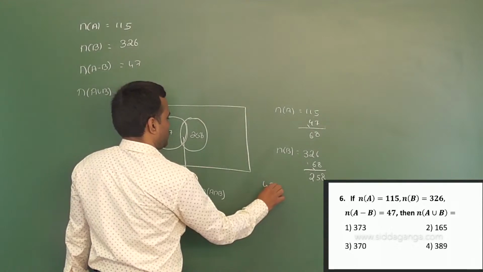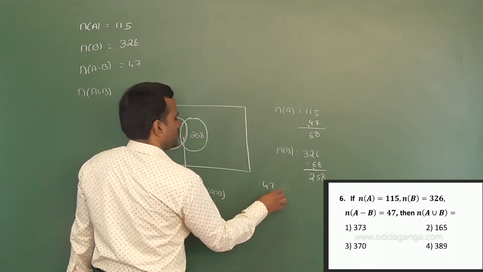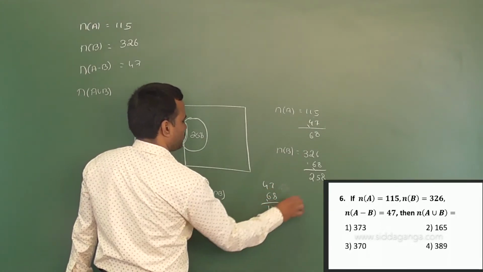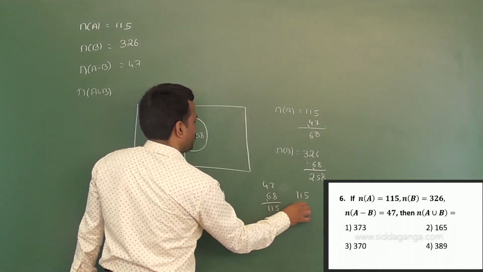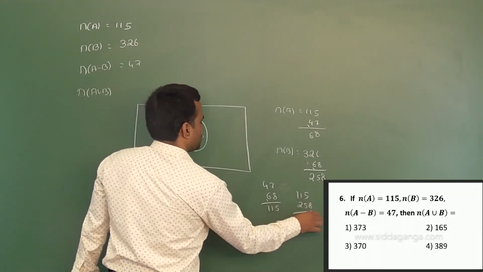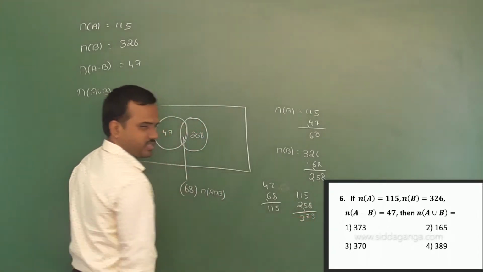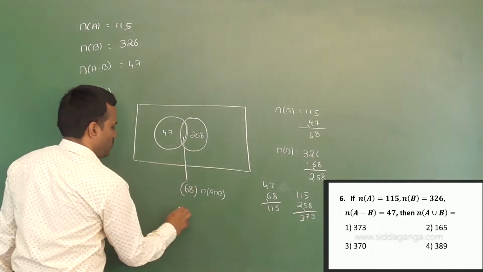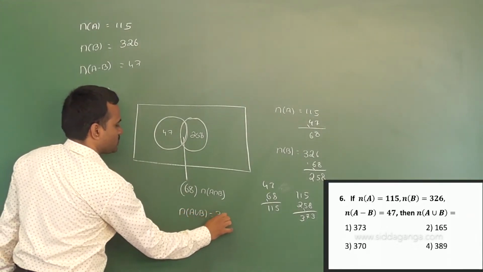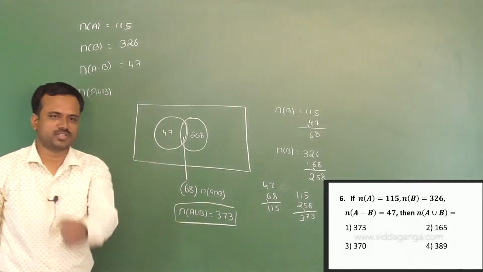First we add 47 plus 68, which is 115, then 115 plus 258 is 373. So n(A union B) is 373. Very easy method. So the option is the first one.